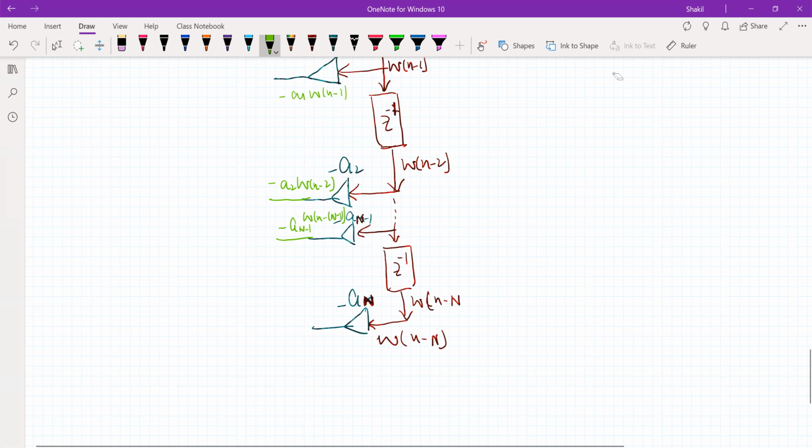Please pay attention to the last term: this will be minus a N w of n minus N.